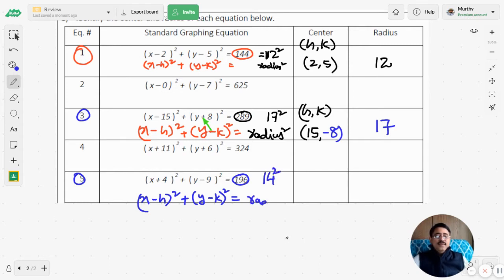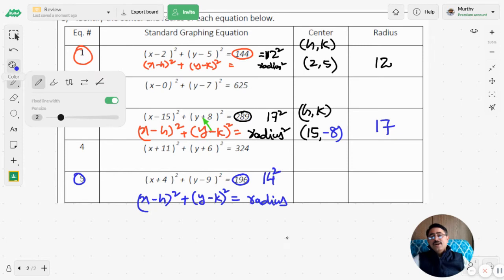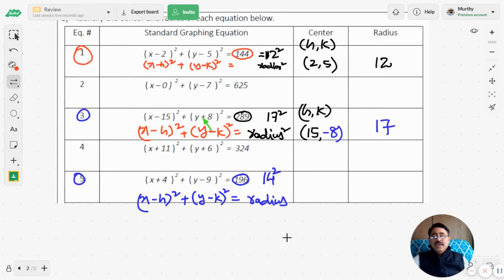So if I write it this way, then what is the value of h and what is the value of k? Please see that x is matching and here the sign is not matching. So you cannot take h equals 4.